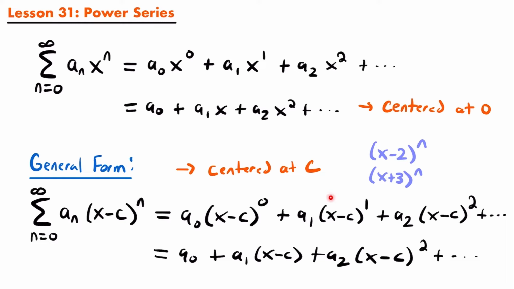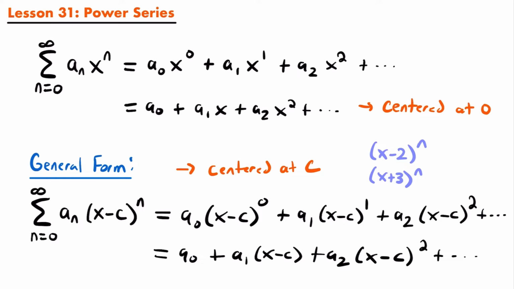Because the form is x minus c, if we have x plus a constant, the value of c would need to be negative, because when you subtract a negative value, it becomes positive. So if you found this quantity within a power series, you would say that that power series is centered at negative 3.